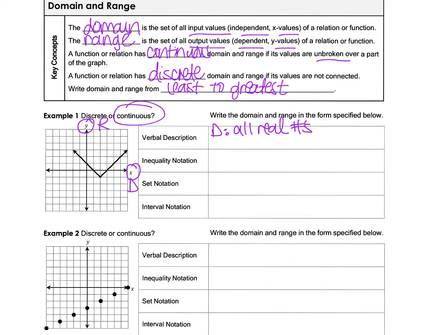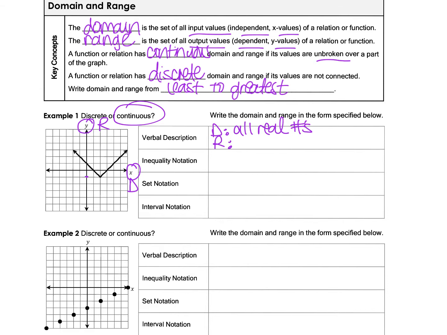And then if you look at the range, which is your y, notice the y-axis here, that V ends at -1, and it's everything above it on the y-axis, which would be everything greater than that -1.